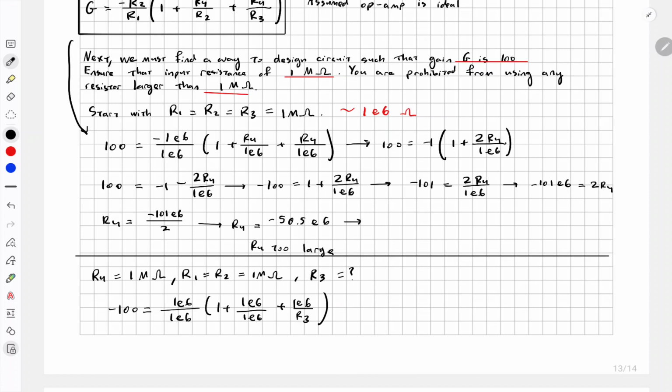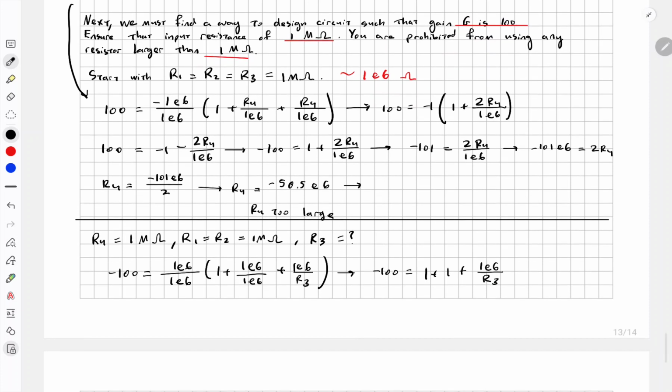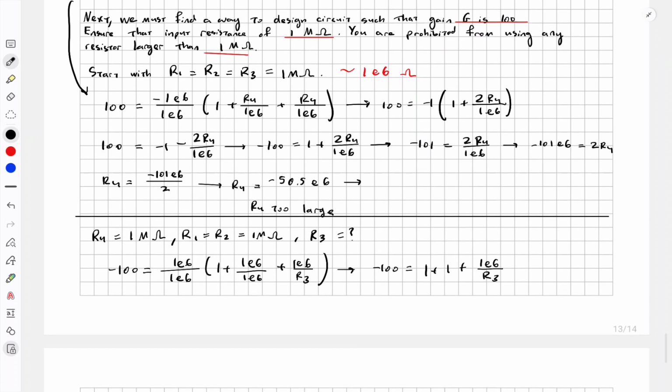Okay, so it's just negative 100 is equal to, this cancels, so it's 1 plus, this cancels, 1 plus 1e6 over R3. But the thing is, if we do this, it will give a negative number.